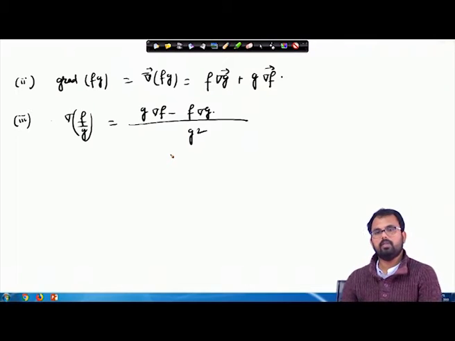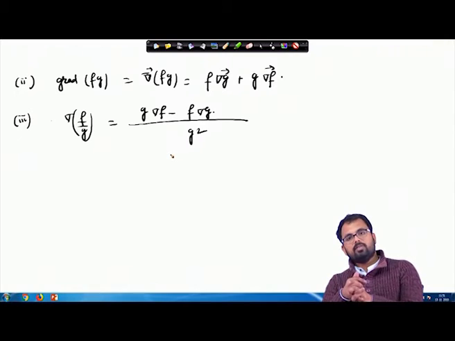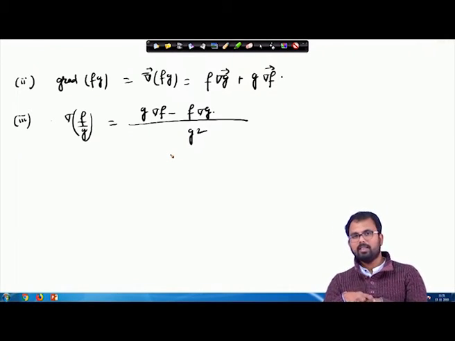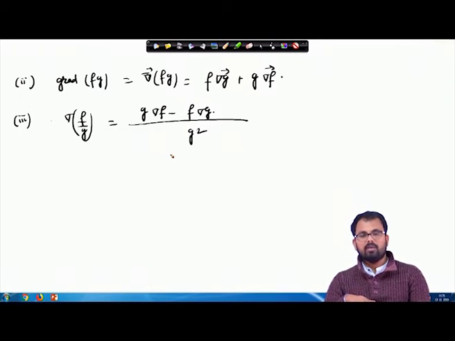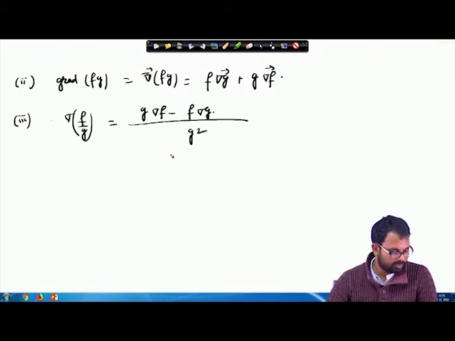This is how we define the gradient of the quotient. And of course, the proof is not that complicated, because here we have a quotient. If you differentiate with respect to x, y or z, then it will always be 1 by g square, and then you are doing the differentiation for the rest of the functions. So, it is fairly simple to prove. It might be a little bit lengthy, but you will get to practice a little more, and the proof is very straightforward. So, I am leaving this task up to the students, and I am pretty sure about it.